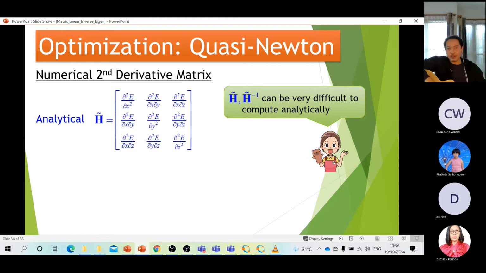You have to use some software. When you have a 1,000 by 1,000 matrix, it's almost impossible to find the Hessian by hand. So what do we do? It happens that we can compute the Hessian using a numerical method, and it's going to be very fast.